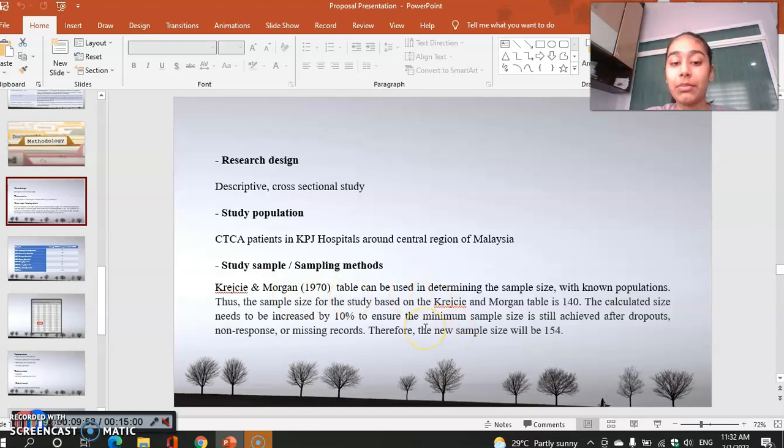Based on the calculations we have done, the sample size for my study based on the Krejcie and Morgan table is 140. But it will be increased by 10% to ensure the minimum sample size is achieved after dropouts and non-response or missing records. So the new sample size will be about 154, sorry.